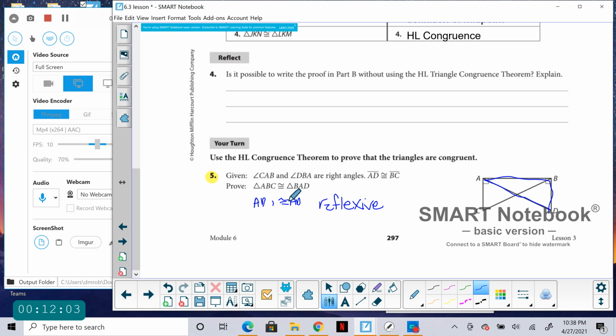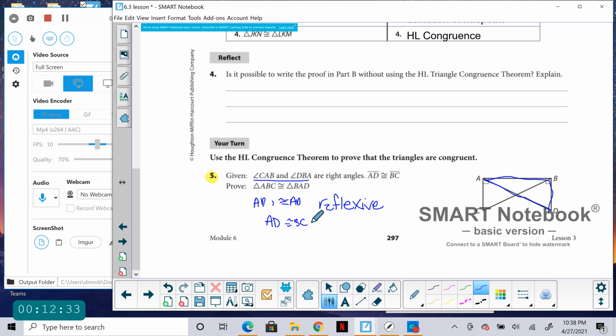And then we can say that the two angles CAB and DBA are congruent because they're right angles, and AD is congruent to BC.